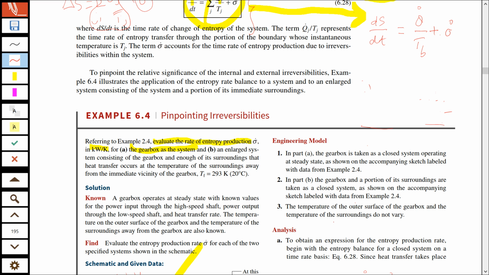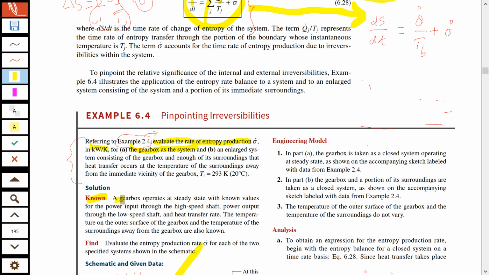So how do we calculate that? Because this is example 2.4, you cannot explicitly see that from this description. You have to go to example 2.4, but because of this description, we don't need to go there.